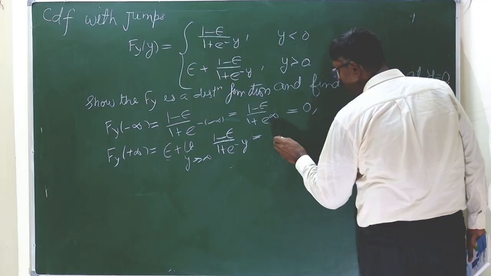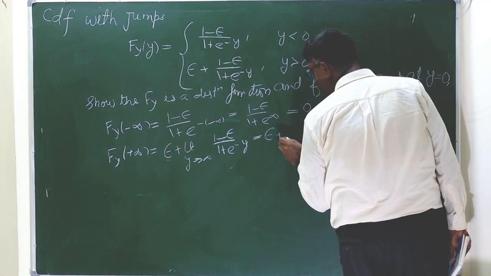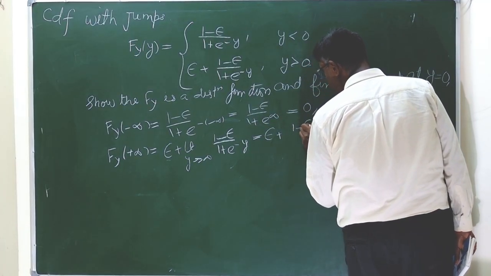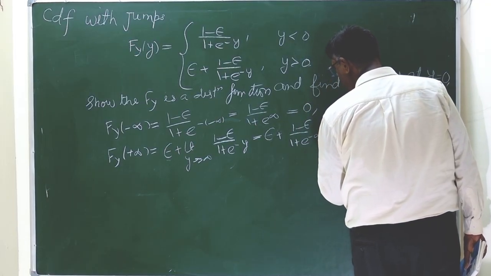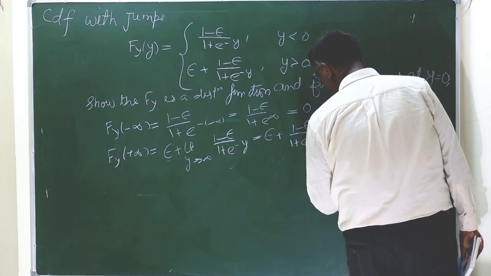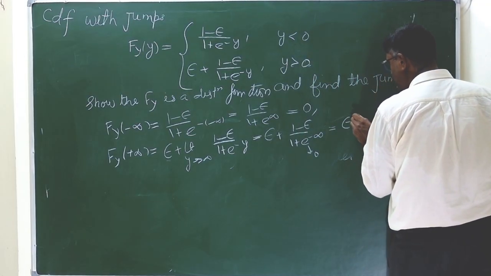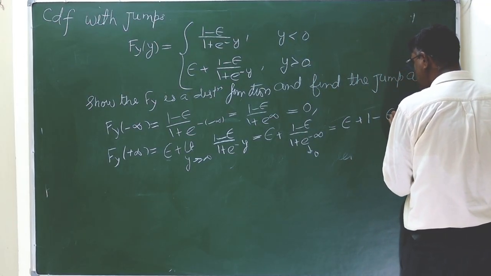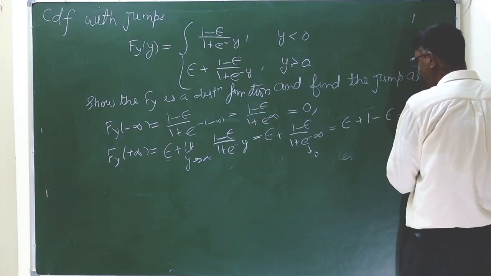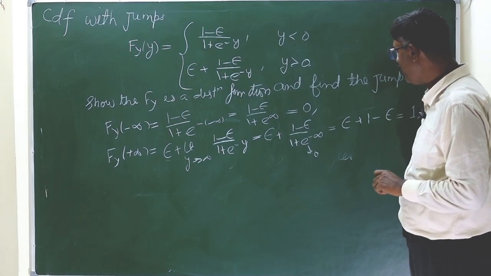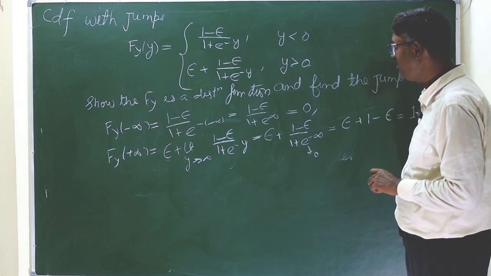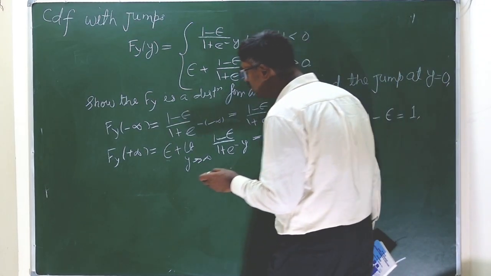So this is equal to epsilon plus (1 minus epsilon) upon (1 plus e to the power minus infinity). This term is 0, so we get epsilon plus 1 minus epsilon, which is 1. This way we have checked the value of F_Y at plus infinity and at minus infinity.